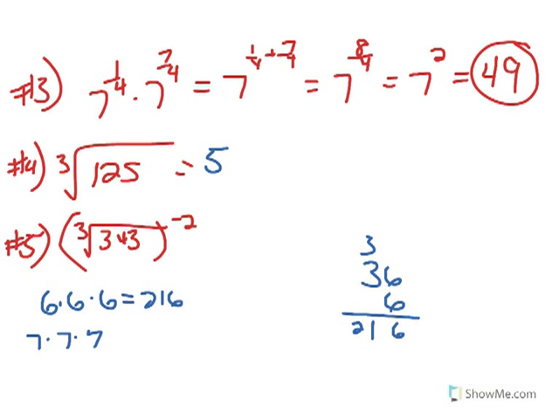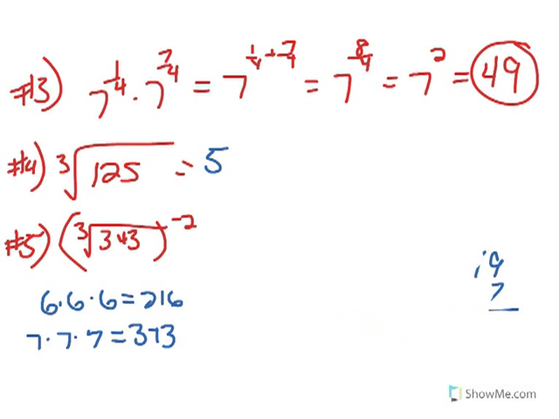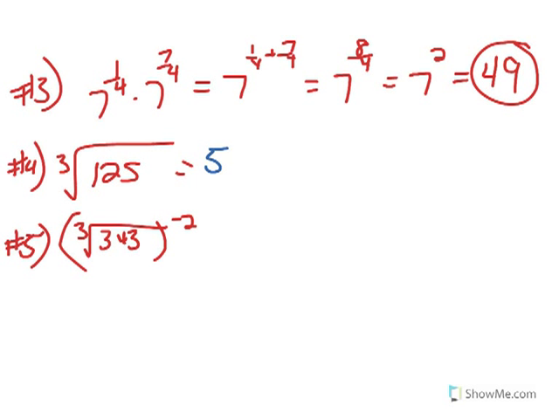7 times 7 is 49. 49 times 7. Carry it as 6. 7 times 4 is 28. Plus 6 will be 34. Looks like that works. So erase this, get it out of my way. 7 times 7 times 7 is 343.